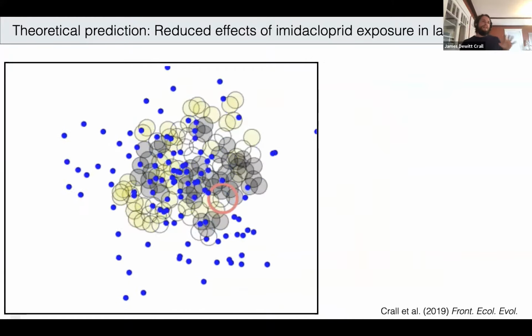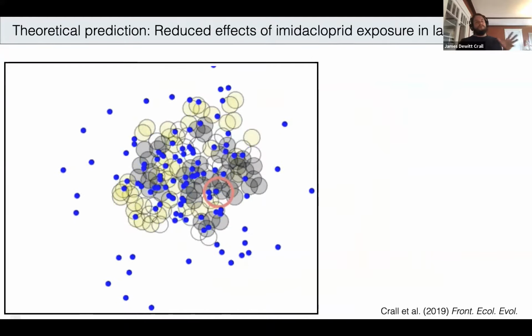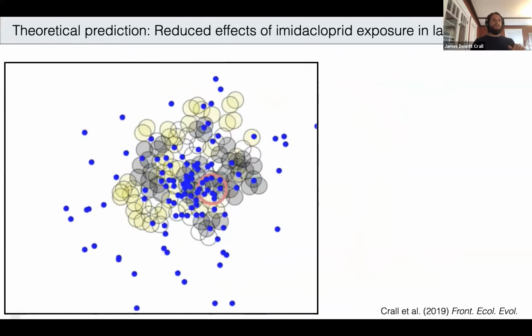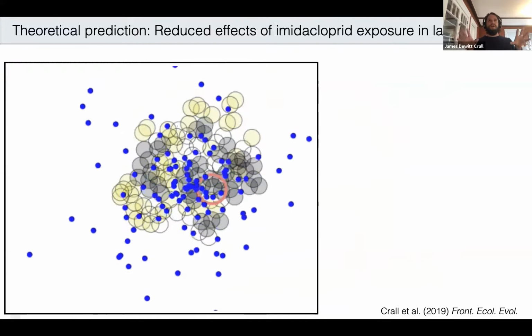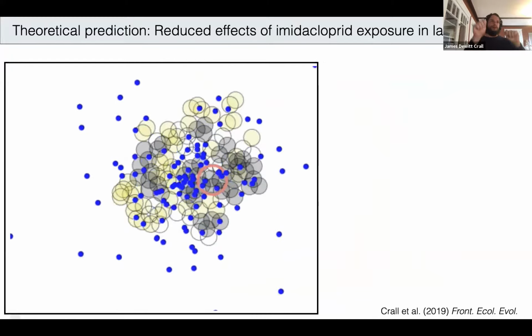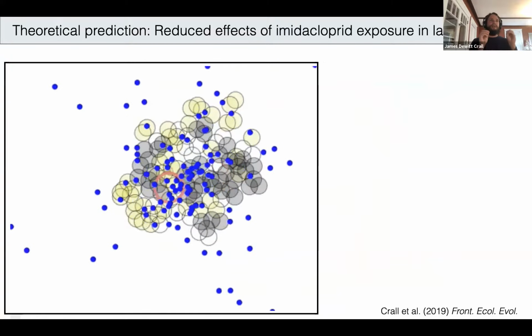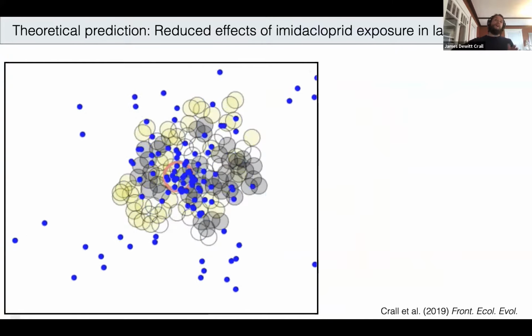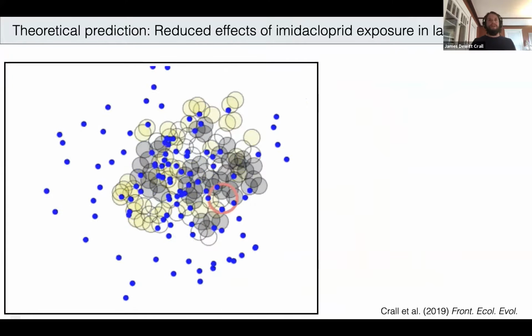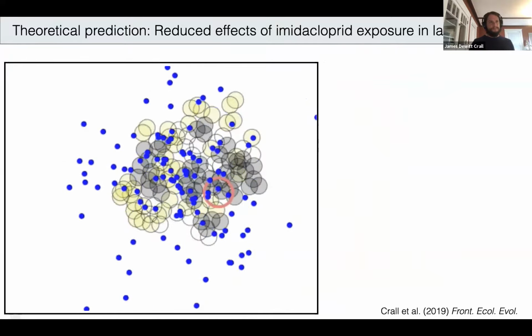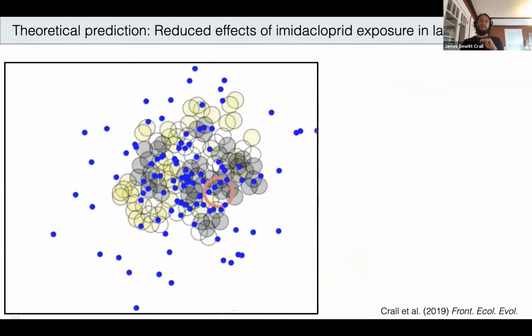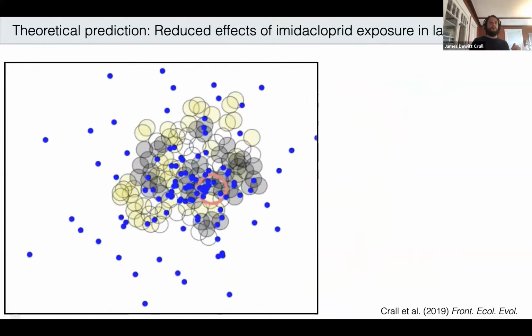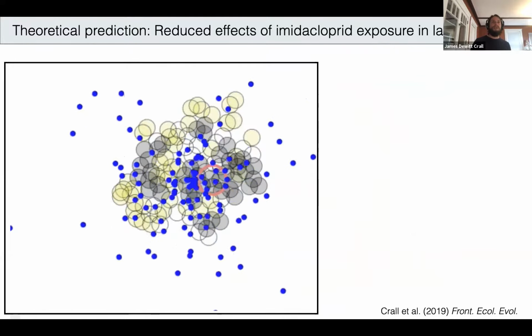We've also done a little bit of modeling, which I won't dig into the details of. We make a very simple version of life inside a bumblebee colony, where you treat them as dots moving around, and then play in some of the known effects of pesticides and artificially vary in simulation the size of the colony. We can look at the difference between imidacloprid-exposed and control workers in this simulated world.